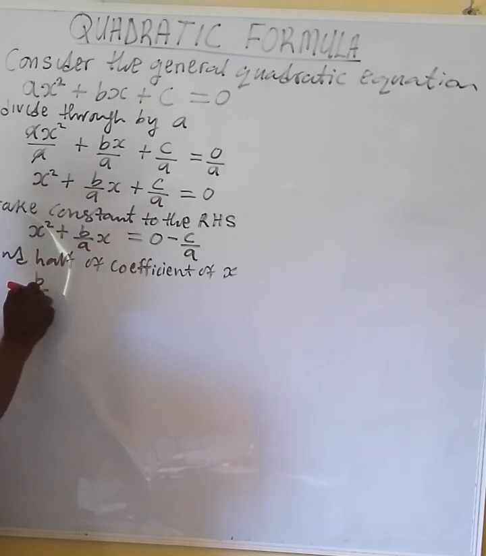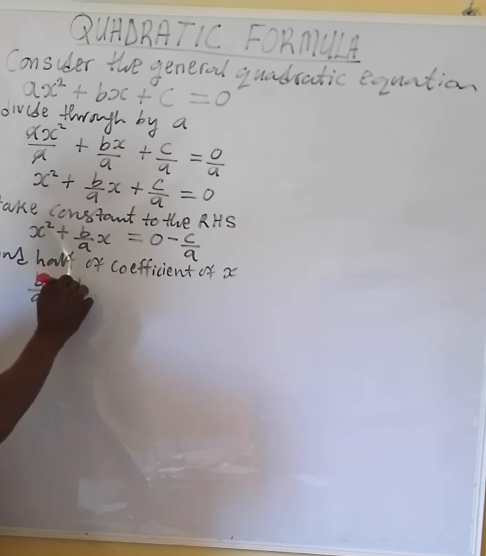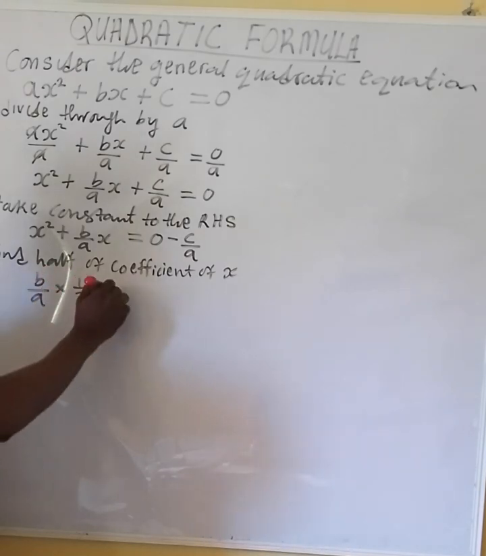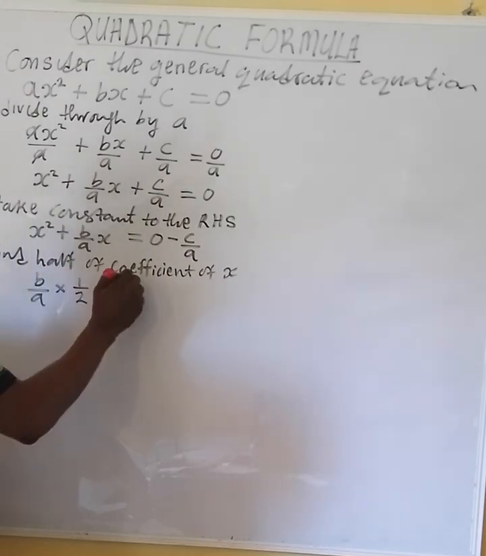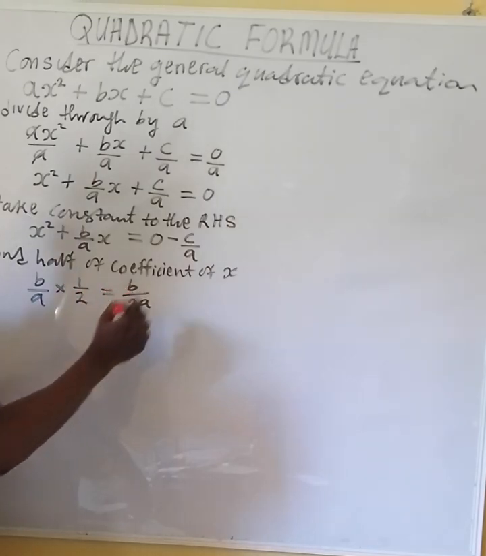Then to find half of it, we say times 1 over 2, which equals b times 1, which is b, a times 2, which is 2a.